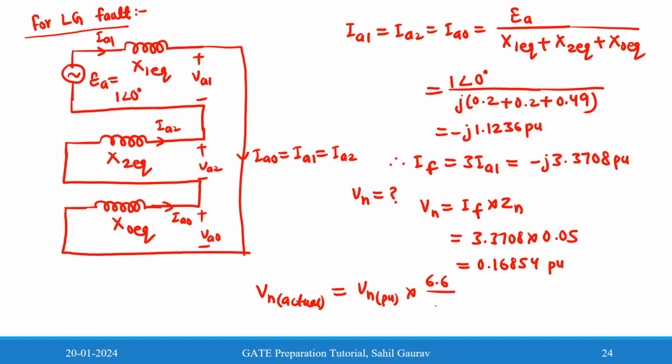It is in line voltage, so you have to convert in phase voltage. So divide by root 3 into 10 to power 3. So it will give you 0.16854 into 6.6 divided by root 3 into 10 to the power 3. It will give you 642.2 volt.